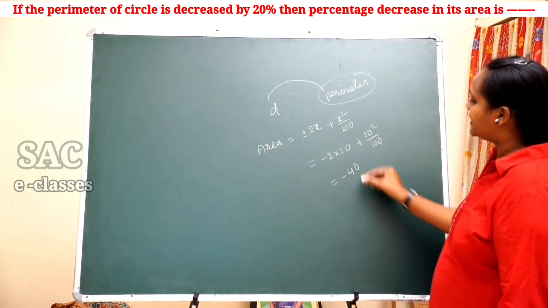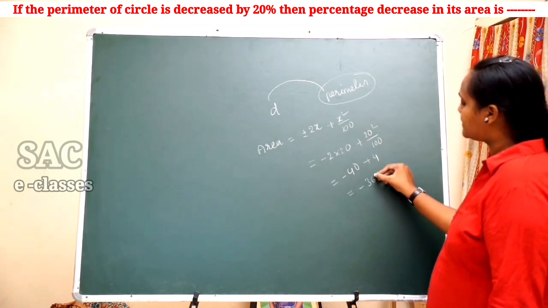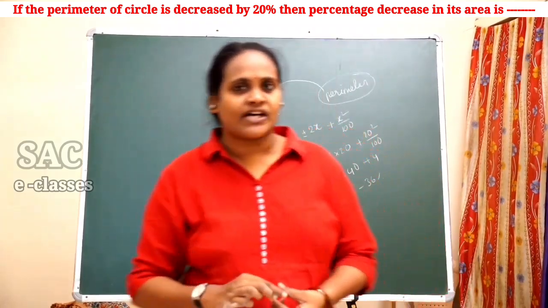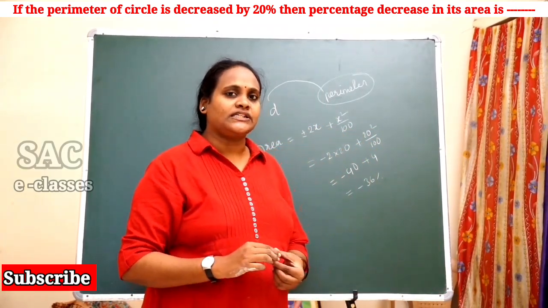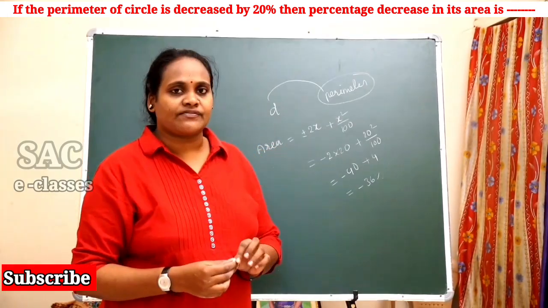Minus 2 into 20 is 40, plus 4 will give you minus 36%. The change in the area of the circle whenever the radius of the circle is decreased by 20%, 36% will be decreased.